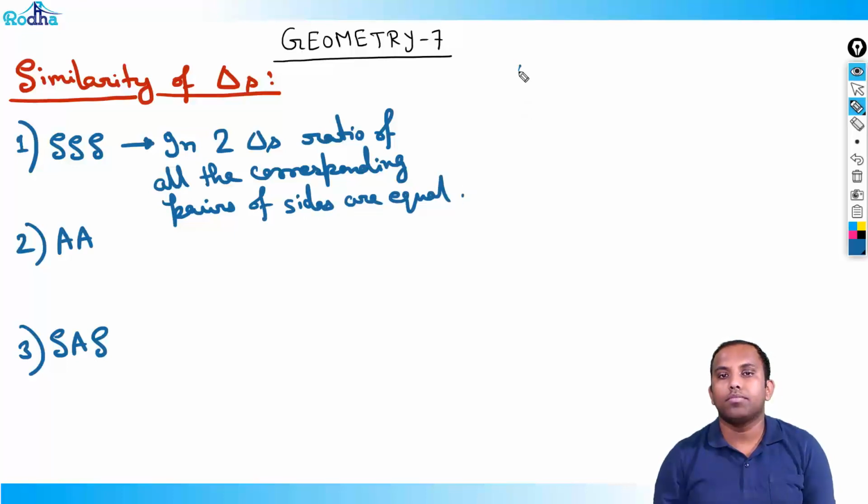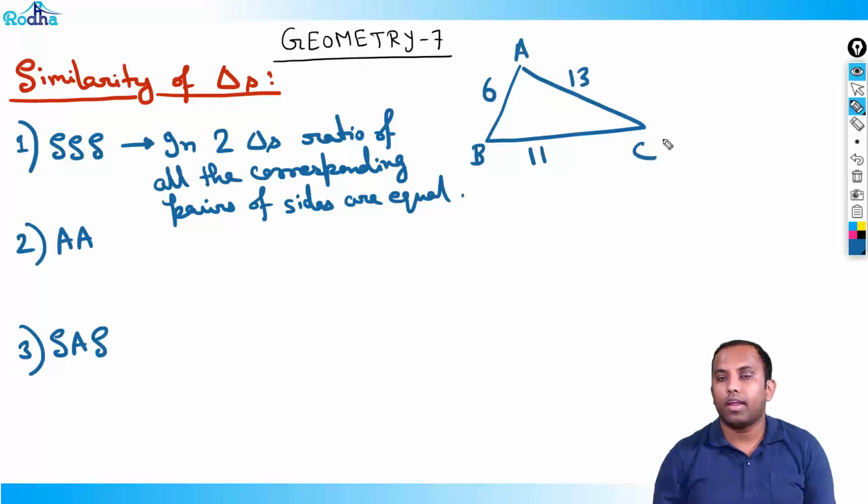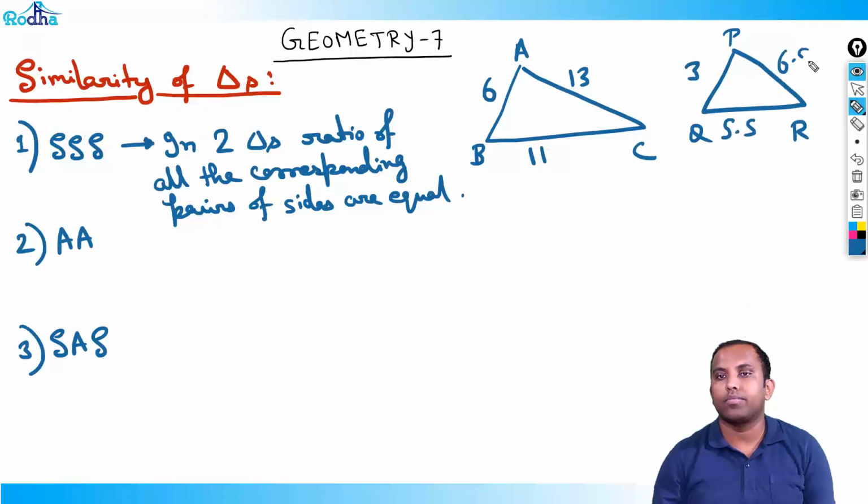For example, if I have a triangle ABC with sides 6, 11 and 13, and a triangle PQR whose sides are 3, 5.5 and 6.5, I can say that these two triangles are similar.